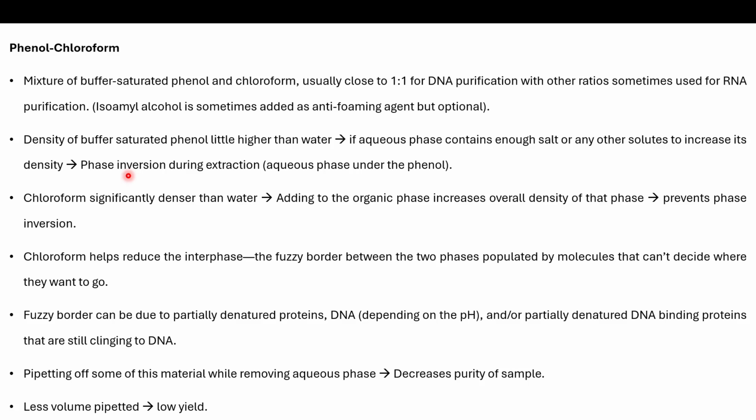What ideally was happening is, when the DNA was in the aqueous phase, proteins and other biomolecules which we are not interested in were in the organic phase. So we take out the aqueous phase very carefully, so as not to allow intermixing of the two phases, so that we only get the DNA-containing aqueous phase. But if the aqueous phase is at the bottom, then how will you really take it out?